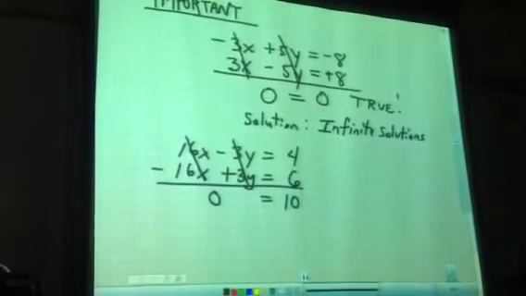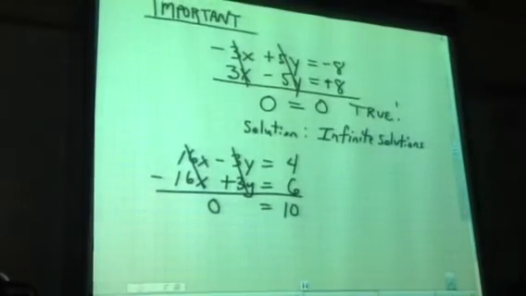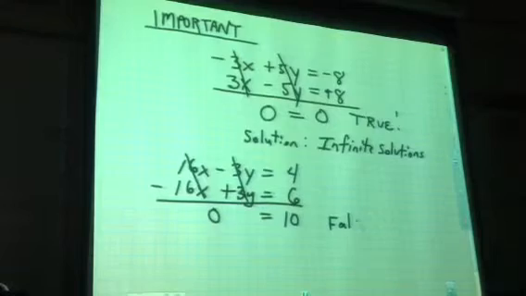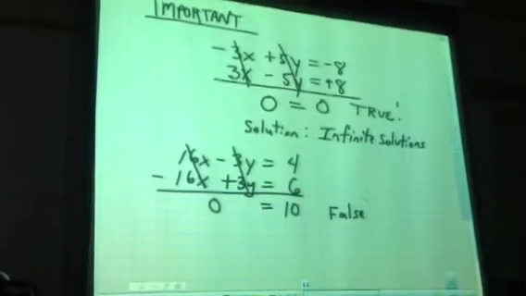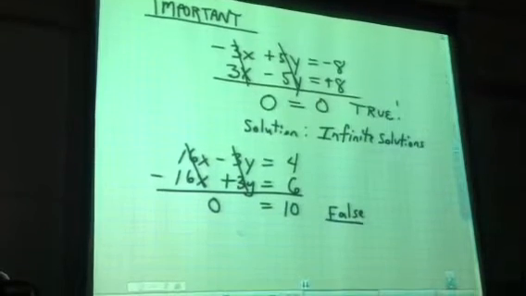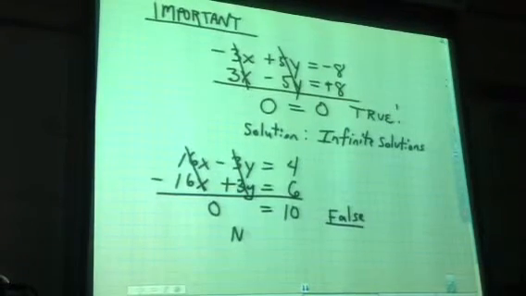So what do you do when both variables cancel out, but you're left with a false statement? What does that mean? Well, I'm going to give you demonstrations in class about what it means in some depth. But for your purposes, it's going to be no solution.